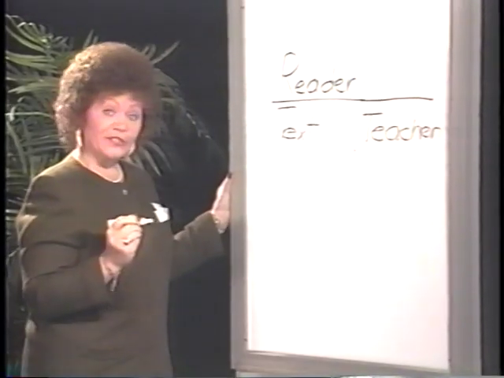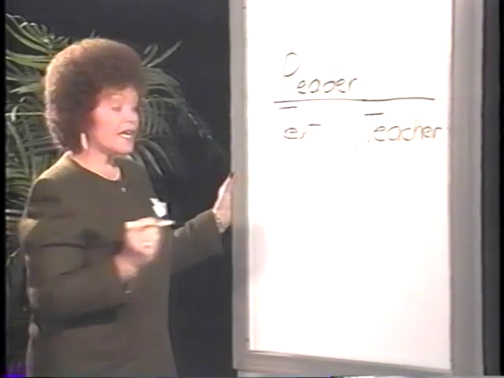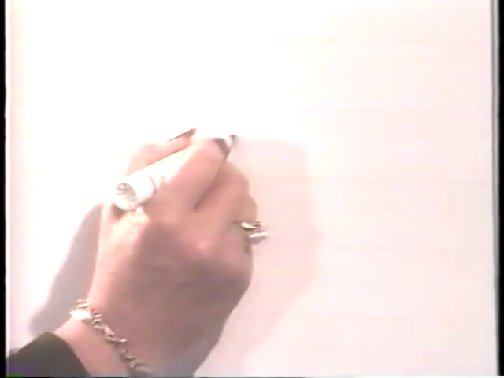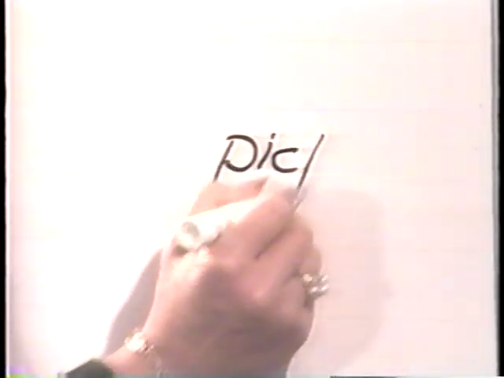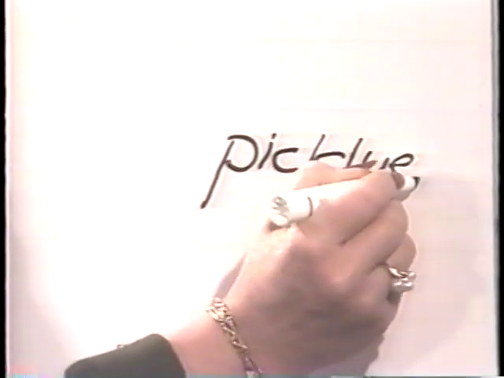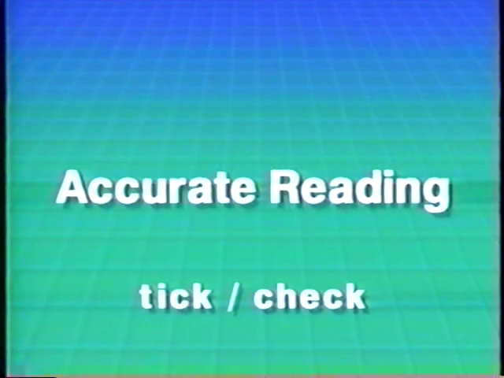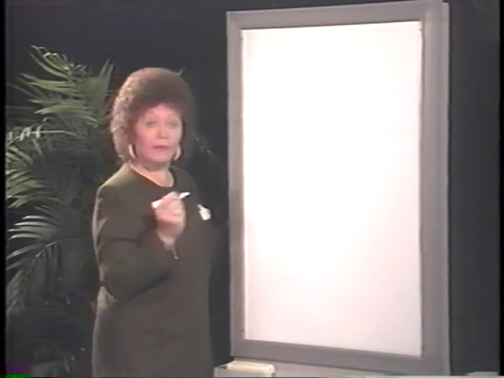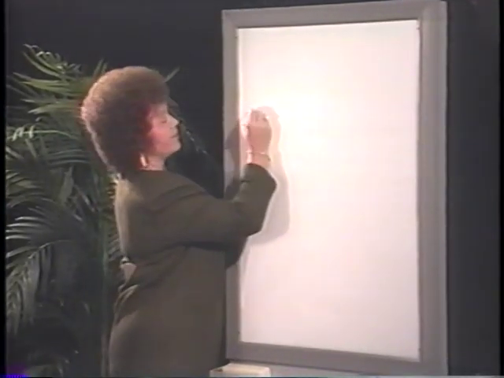And observations of non-verbal behavior can be quickly jotted down at the side of the page. As a child reads, mark every correct response with a tick.